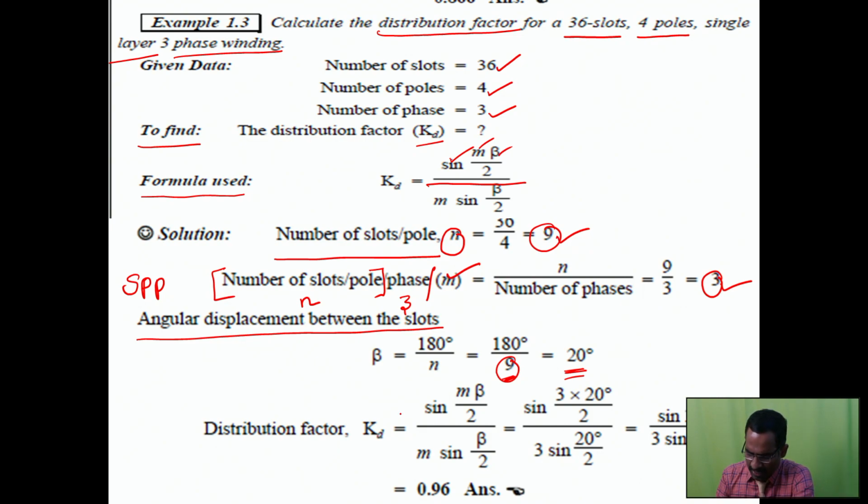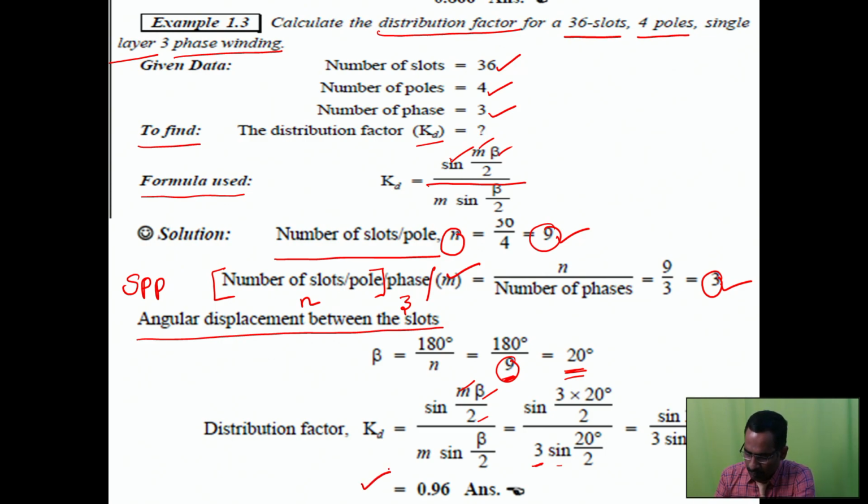The distribution factor K suffix D, in this formula I am going to substitute the values: sine of 3 into 20 divided by 2, whole divided by 3 into sine of 20 by 2. I will be getting the answer as 0.96.